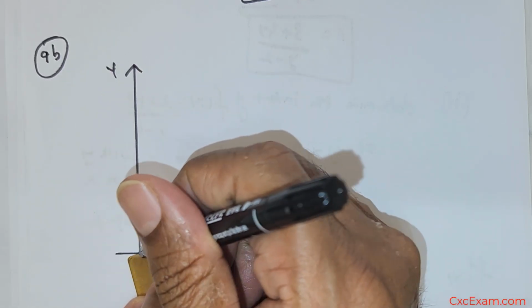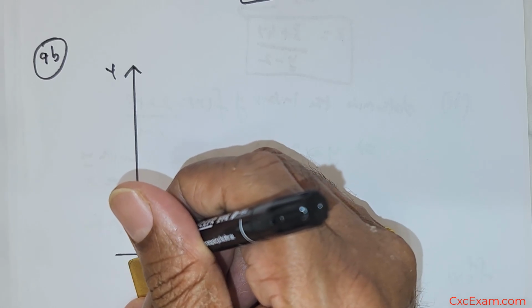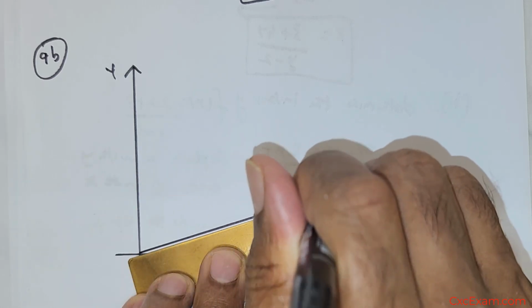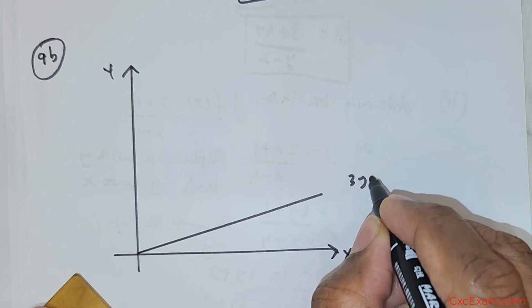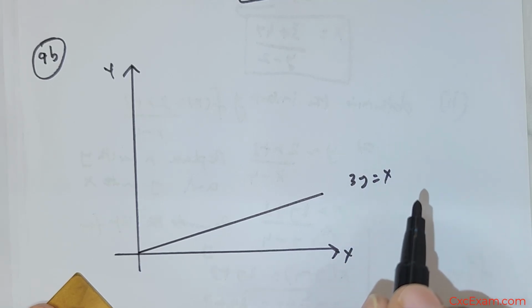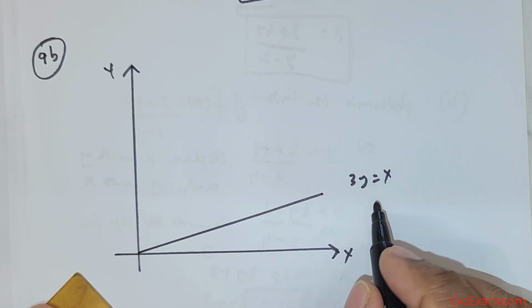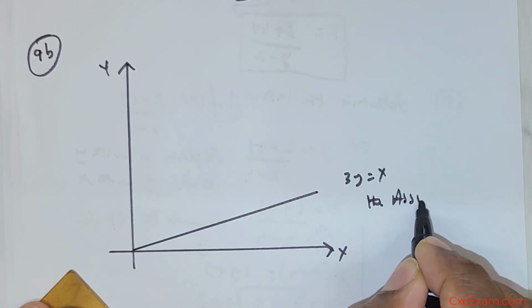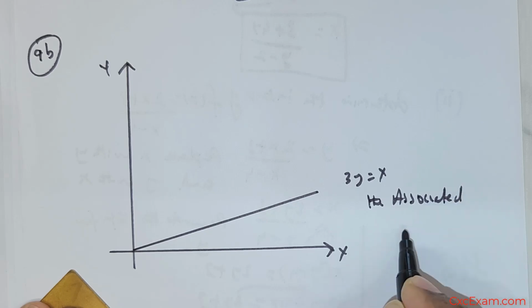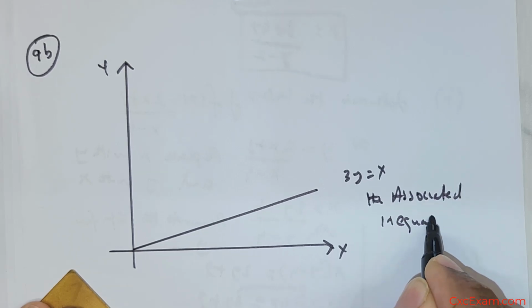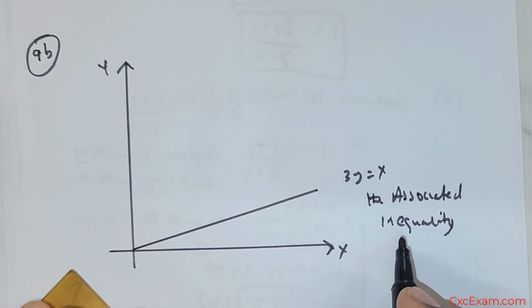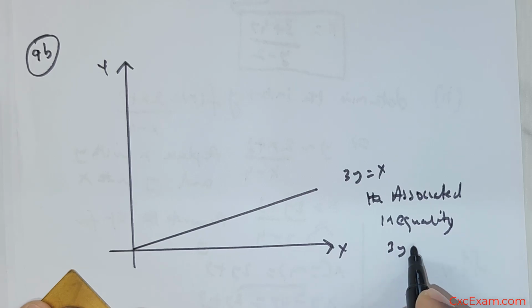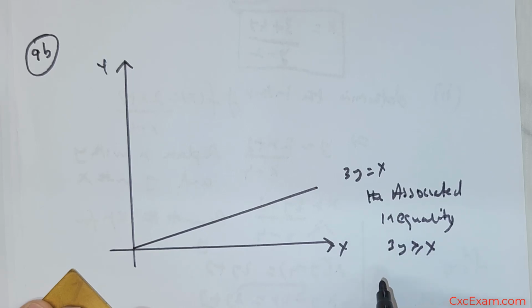We have a line 3y is equal to x, and the associated inequality for this line is 3y is greater than or equal to x. So this is given in the question.